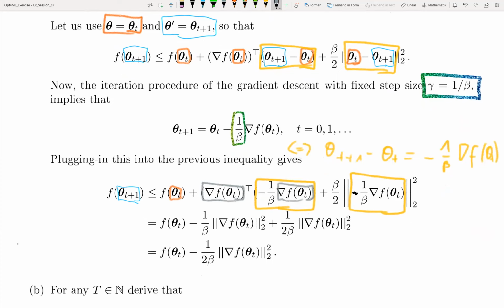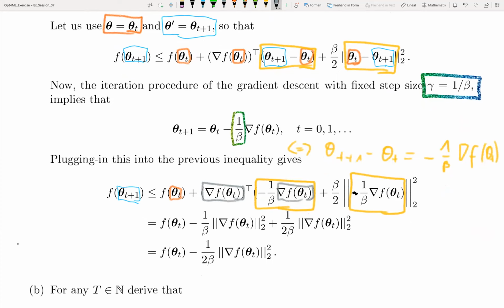And the resulting equality, so this is an equality that you get here, can be rewritten by simply realizing we have here and here, of course, the same terms with different coefficients. Combining the two coefficients, you get as a coefficient 1 over 2 times beta.